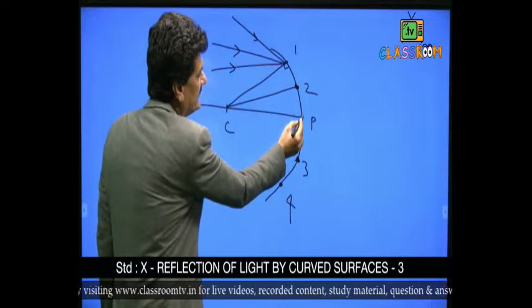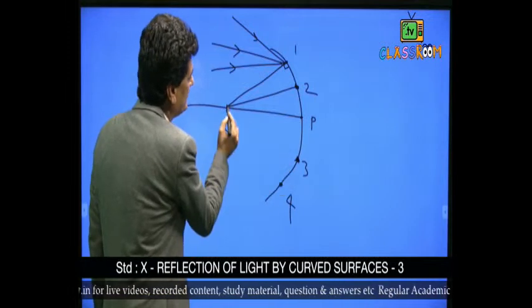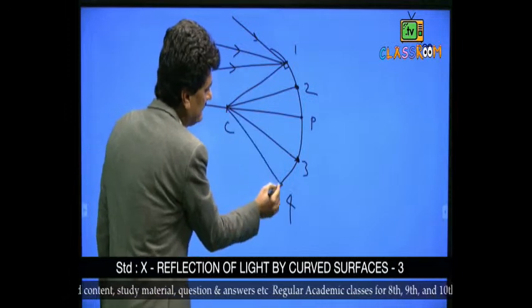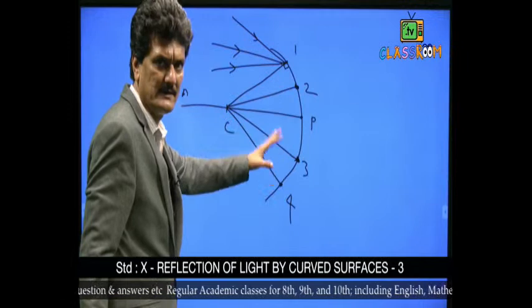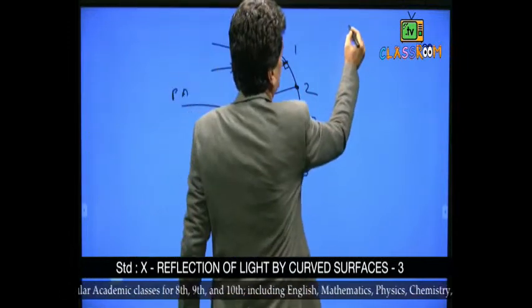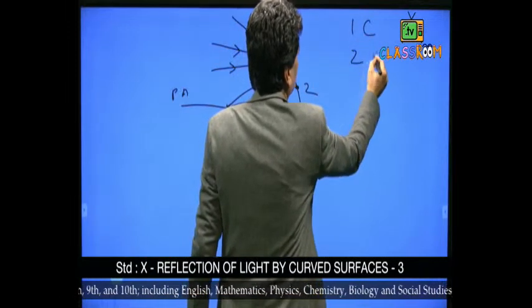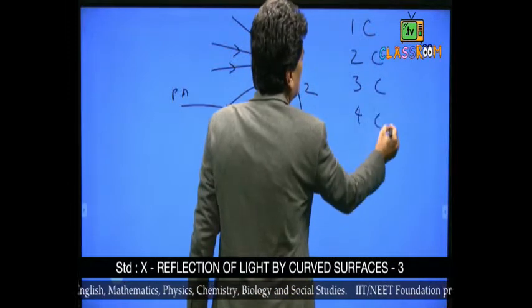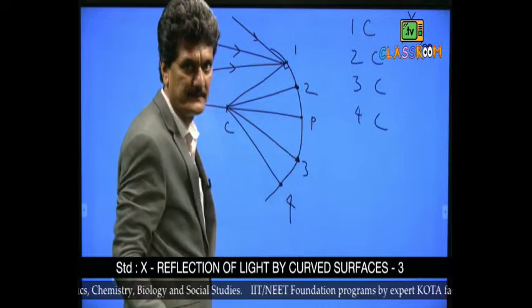Here again, let's say this point here. The ray might be striking any which way. Just draw. This is a normal here. This is a normal here. So we find that there were 4 incident rays, in whichever way they were coming, and we have drawn 4 normals. The 4 normals are 1C, 2C, 3C and 4C. Lines connecting 1C, 2C, 3C, 4C.